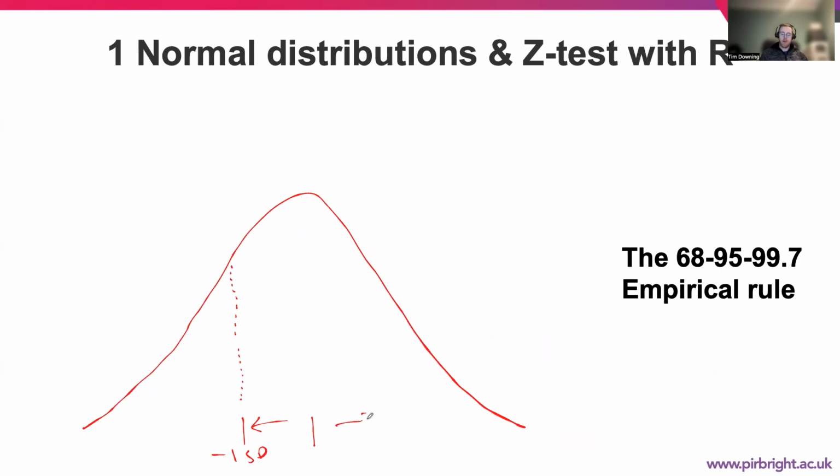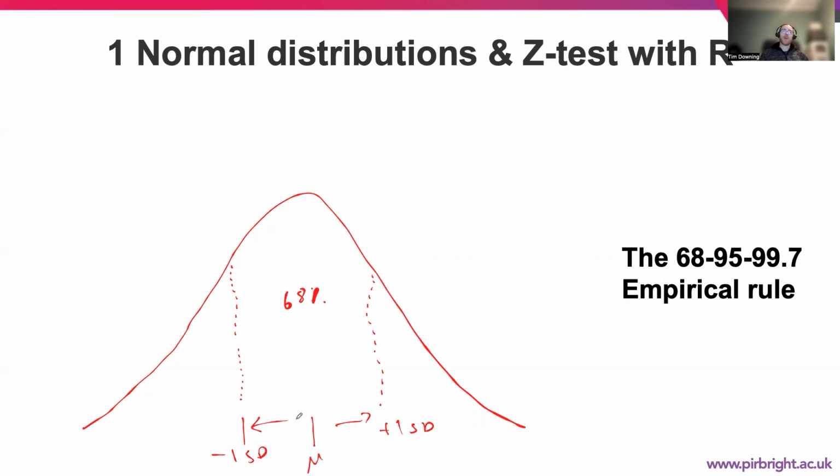So we can go on the other side as well, 1 SD, so let's say that's here in my slightly warped distribution. We will know that about 68% of our data lies in this area between each of these two standard deviations away from the mean. So this is our mean, mu.